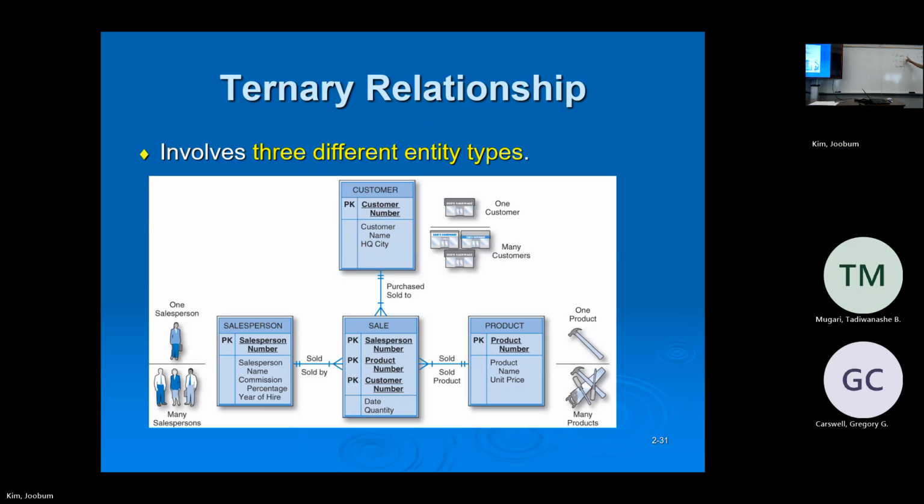So unary, binary, and ternary. Based on these relationships, we are able to draw the full ER diagram of your target system.